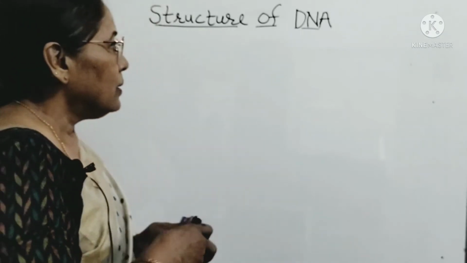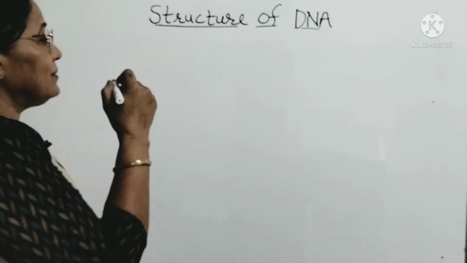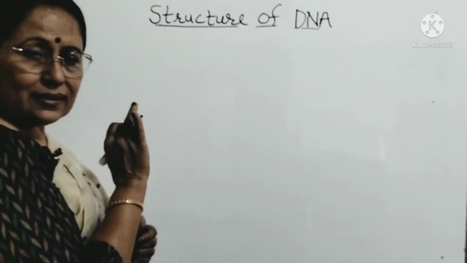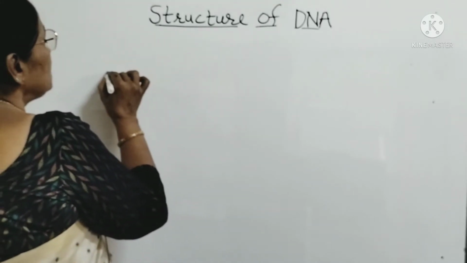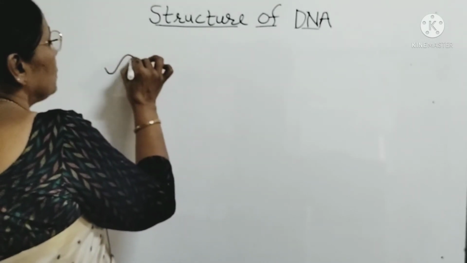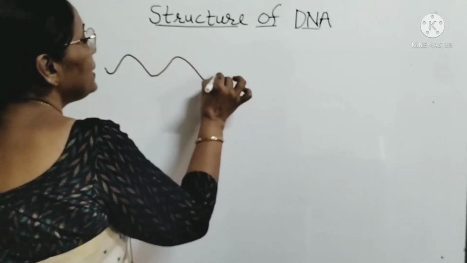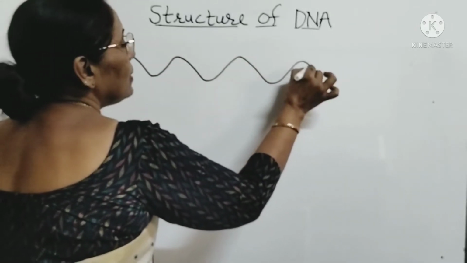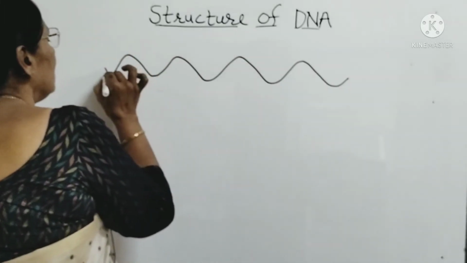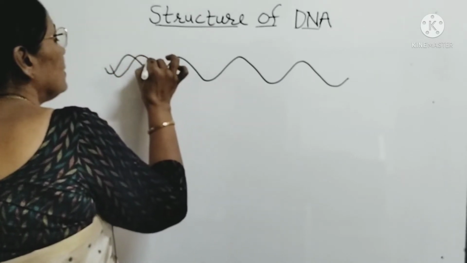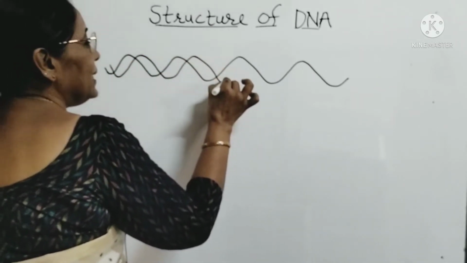Ready? So you know that DNA consists of 2 strands. Though they are parallel to each other, they are not straight.